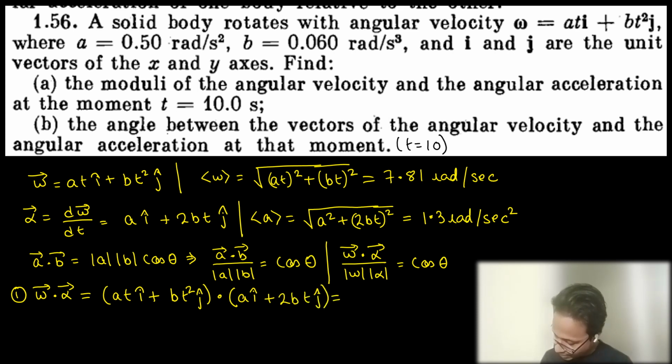You multiply i with i and j with j. at into a is nothing but a square t, and i into i is nothing but 1, so this is scalar addition, plus bt square into 2bt is nothing but 2b square t cube. If I substitute the values at t equal to 10, this is equal to how much? 9.7.